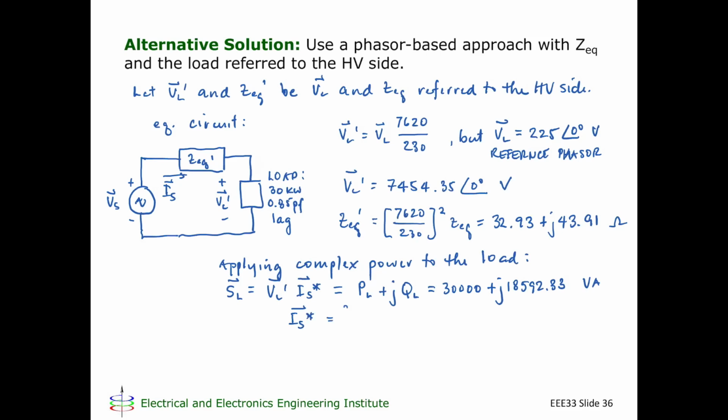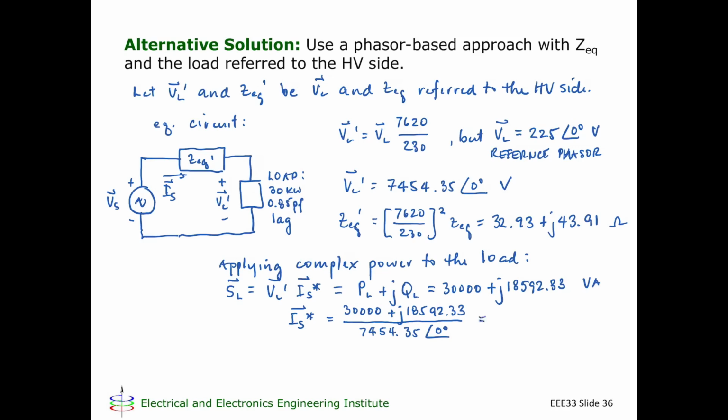That will be 30,000 plus j18592.33 all over V sub L prime, which is 7454.35 at an angle 0 degrees.